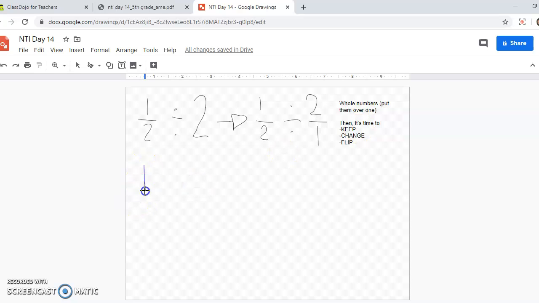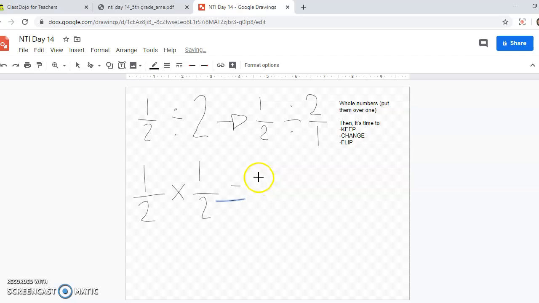Keep: 1/2 again. Then change. What I'm changing here is the sign. So I go from division to multiplication because they're opposites. And then flip. My 2/1 here, I actually turn into 1/2 if Google wants to let us do that today. So then I just multiply across, like regular multiplication, nothing here to try to trip you up.